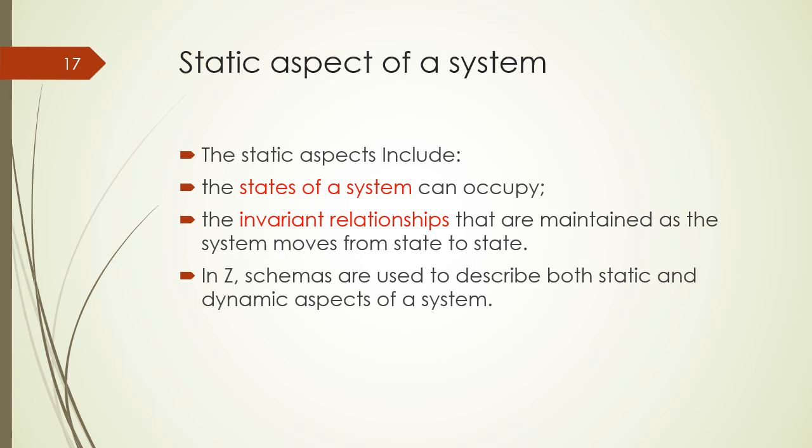We use invariant relationship whenever a state changes by applying any operation, and we need to observe that the invariant relationship is maintained when the system moves from one state to another state.